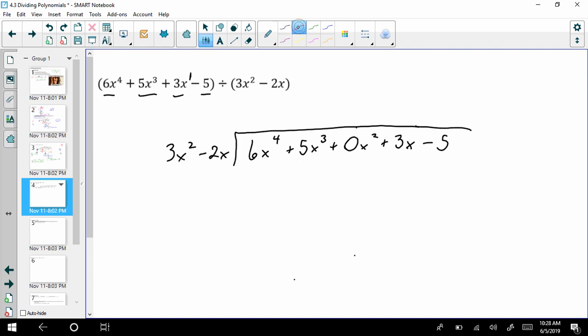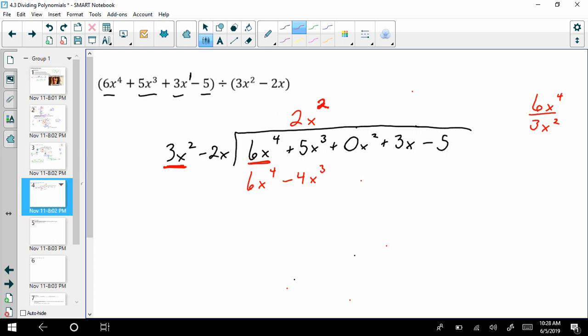So here we go. Leading term, leading term. 6x to the fourth divided by 3x squared. I would have a 2x squared left. Now we multiply that back through, so 2x squared times 3x squared, 6x to the fourth. 2x squared times a negative 2x would be negative 4x cubed.